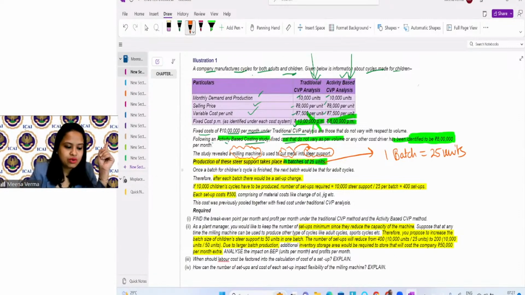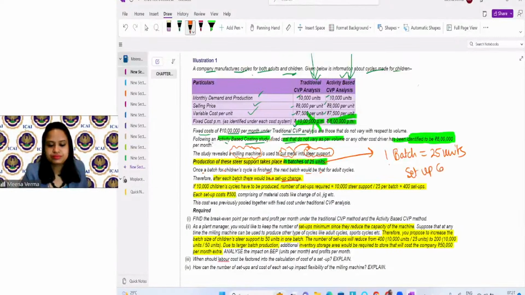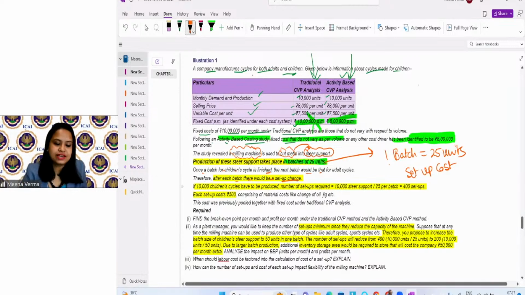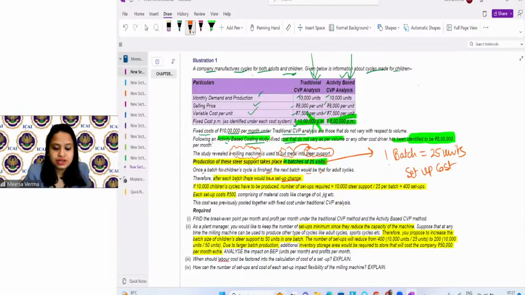Once a batch of children's cycle is finished, the next batch would be adult cycle. Therefore, after each batch, there would be some setup cost. If 10,000 children's cycles have been produced, the number of setups required is 10,000 steel supports divided by 25 per batch.